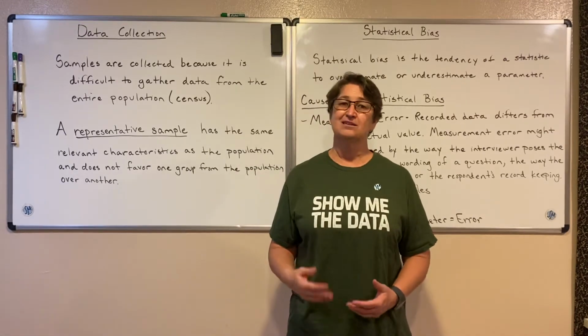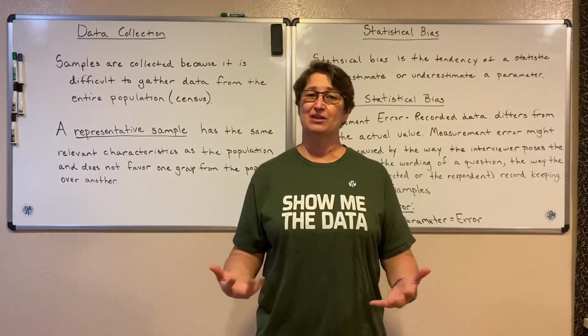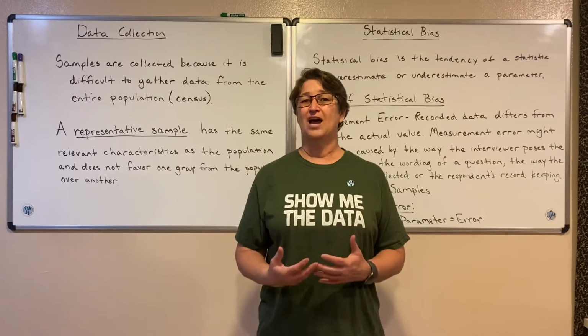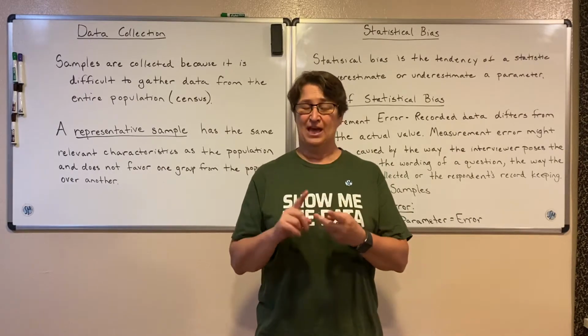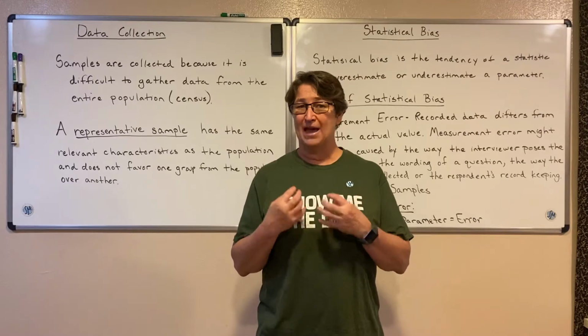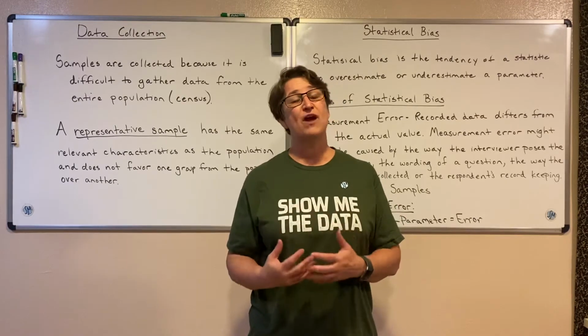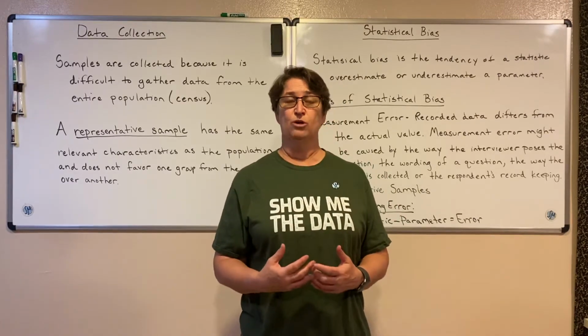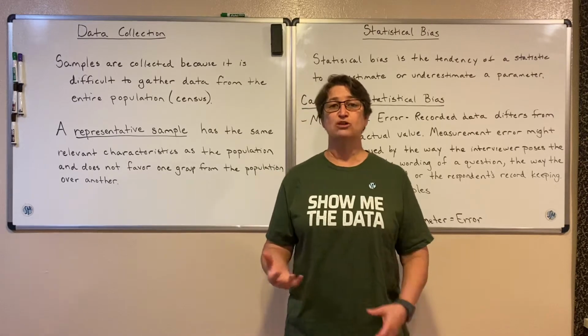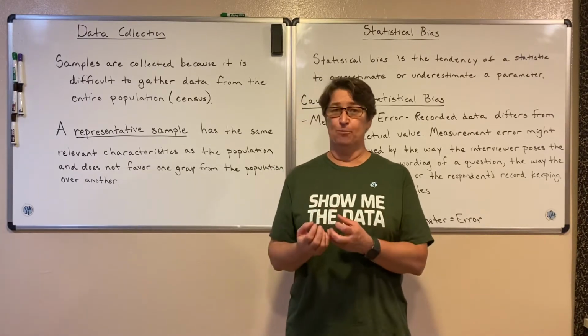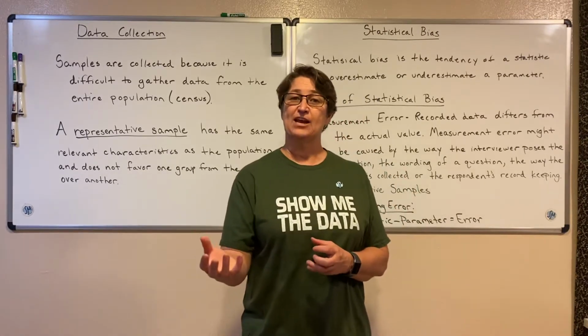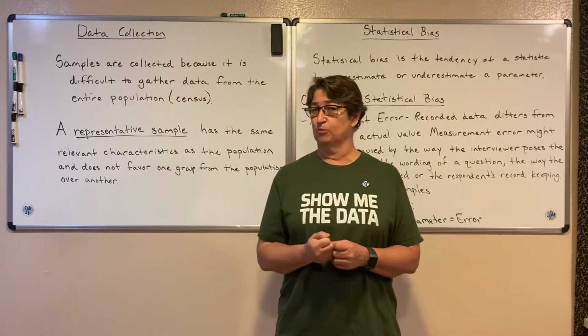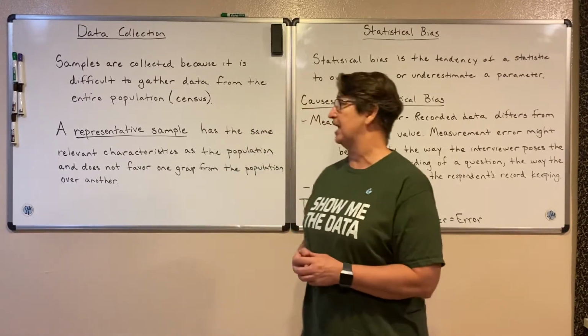But collecting data from the entire population a lot of times takes time and money and manpower, and so it's very, very difficult to do. So instead, what we do is we just collect a sample. We collect data from part of our group of interest, and we call that a sample.